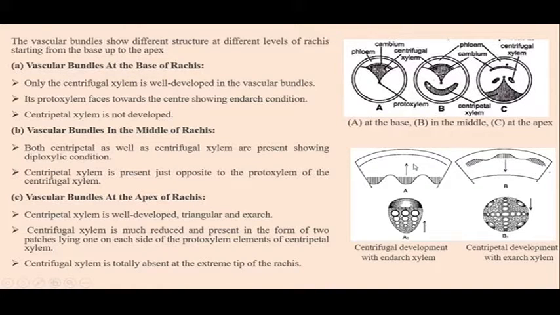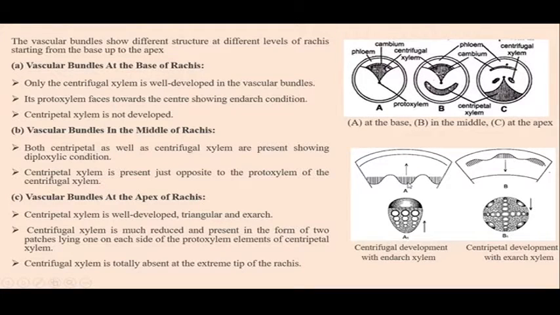According to the development of xylem, it is of two types. It shows either centrifugal development or centripetal development. In centrifugal development, the development of the xylem is from the center towards the periphery.